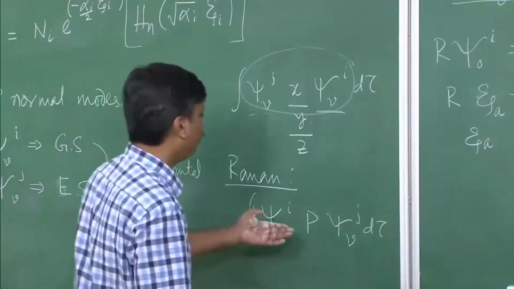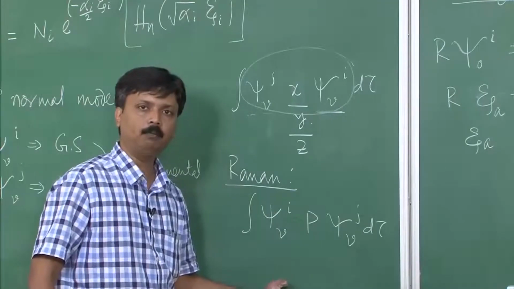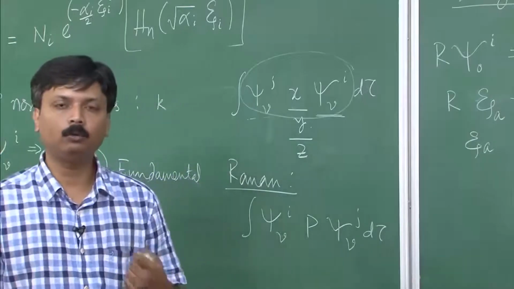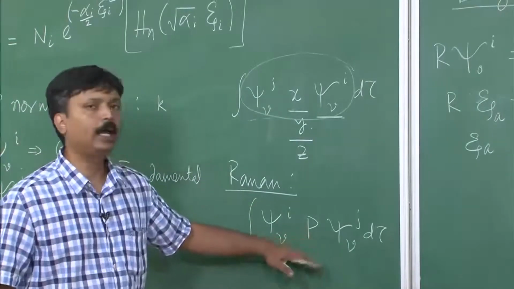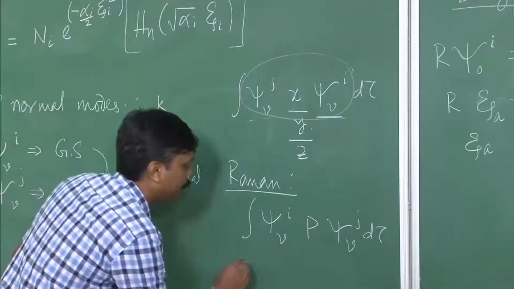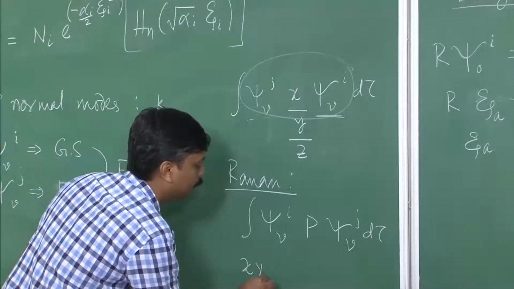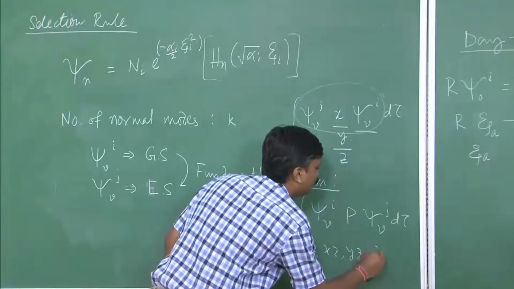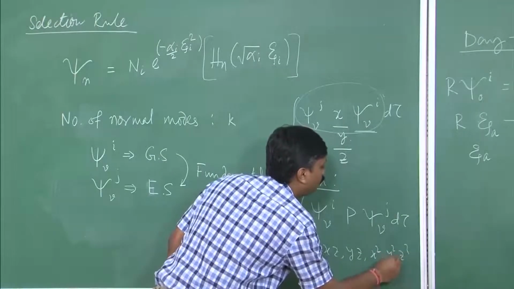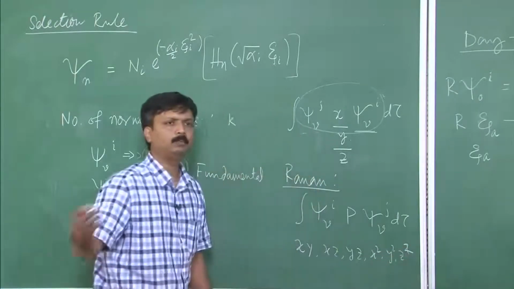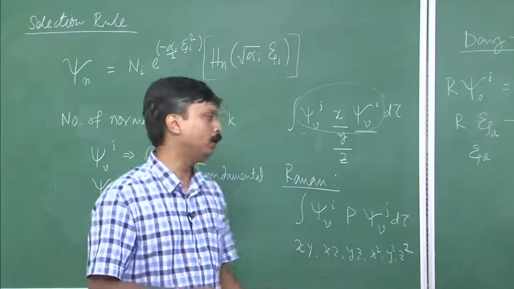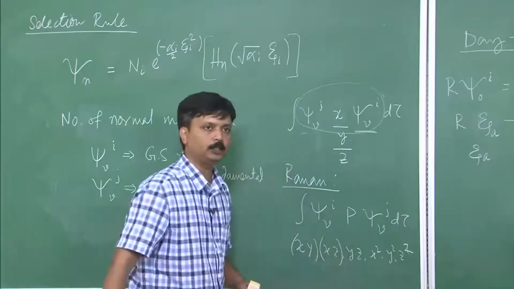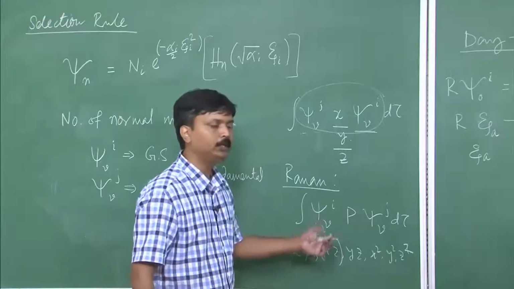I will have many possible transition moment integrals, based on which component of the polarizability tensor we are talking about. The polarizability tensor has components like xy, xz, yz, or x square, y square, z square, or their combinations, for example x square minus y square, x square plus y square, and so on. These individual functions form the components of the polarizability tensor.